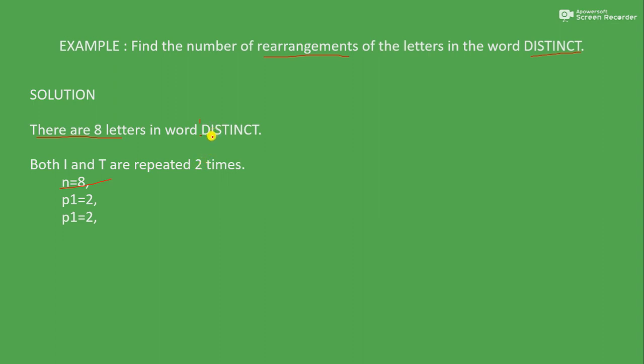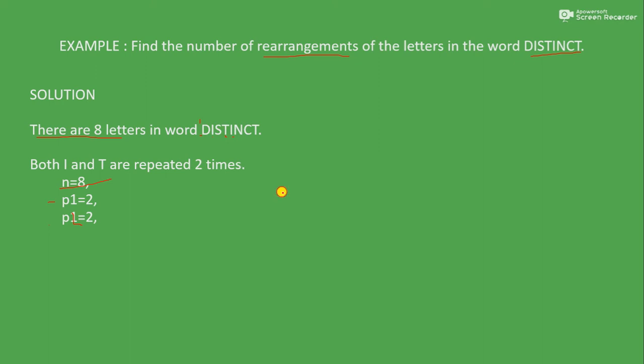Here I is repeated two times, and T is also repeated two times. So there are two alphabets which are repeating two times. So we have P1 equals 2 and P2 equals 2. We need to find P1 and P2.